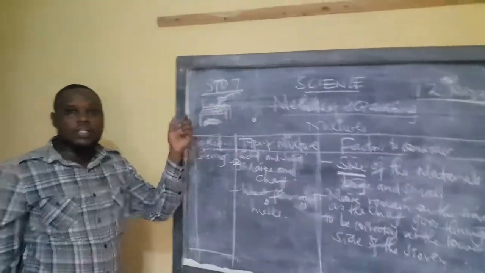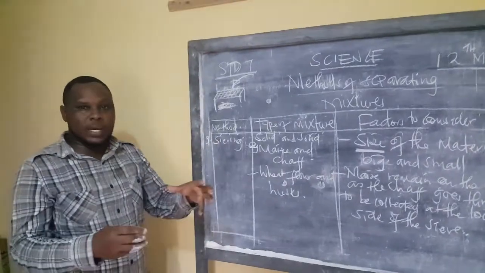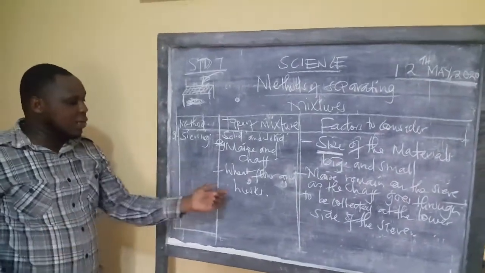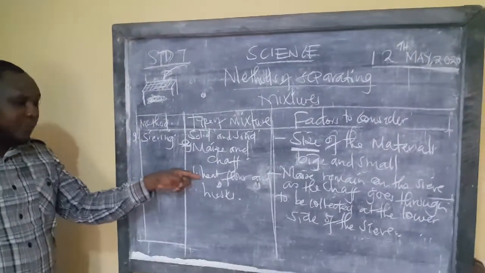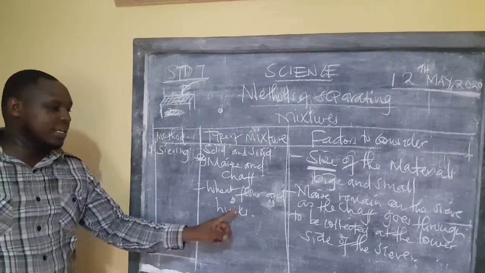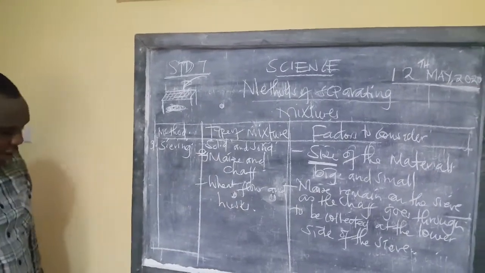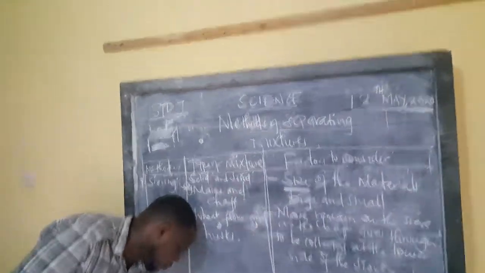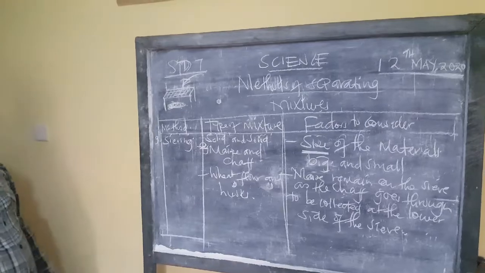You can have sieves which are small sized, not necessarily with big holes, big spaces. We have those sieves that have small spaces. So the wheat flour will go down as we remain with the husk on the other side. So those are enough examples of such mixtures. The next one is decanting.